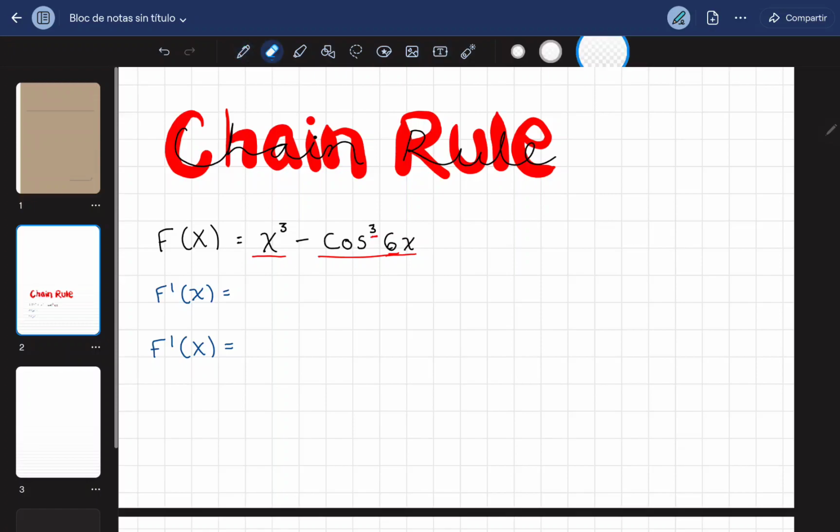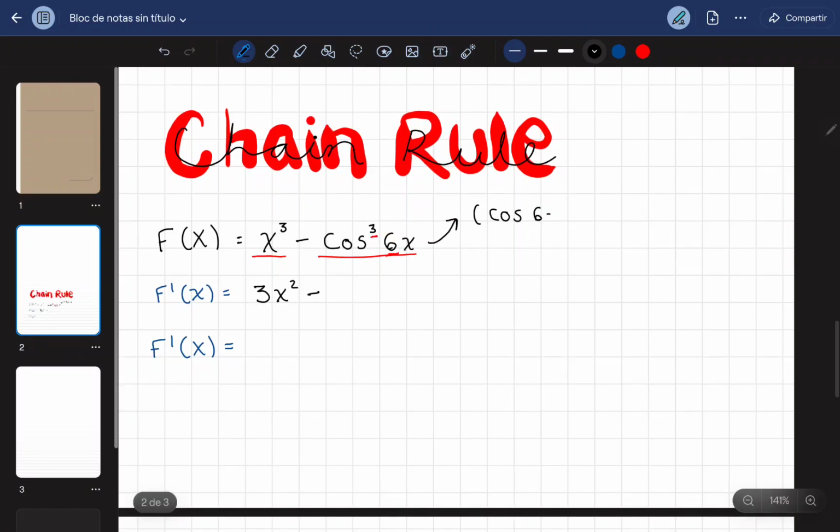So, how are we going to answer this? Okay, we first answer the power rule. 3x squared, right? Minus what? We can change this if you prefer. You can write it like this if you want to make it simpler.